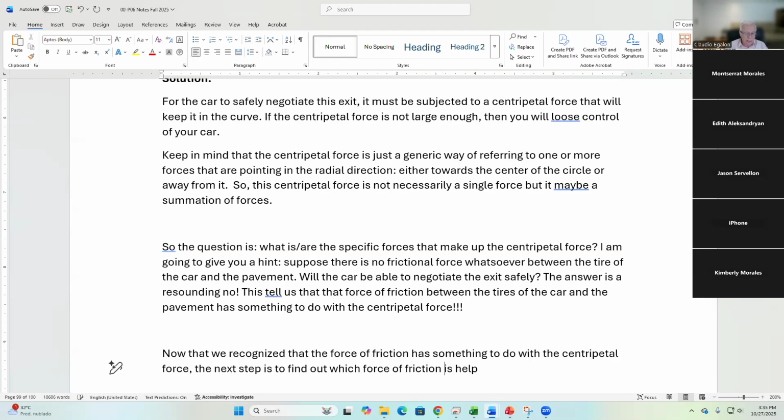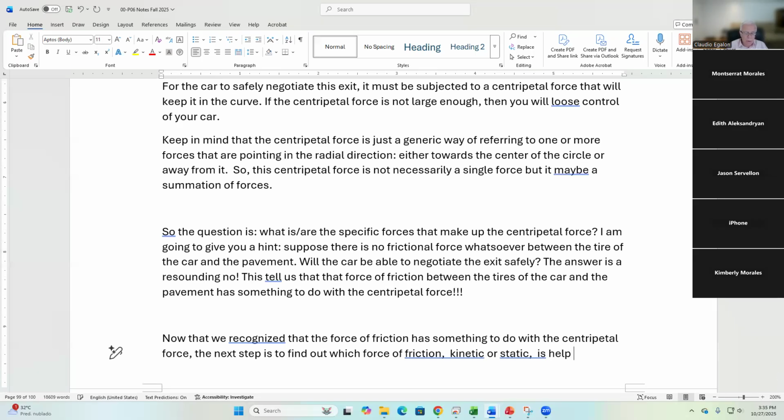Which force of friction, kinetic or static, is helping you negotiate the curve?